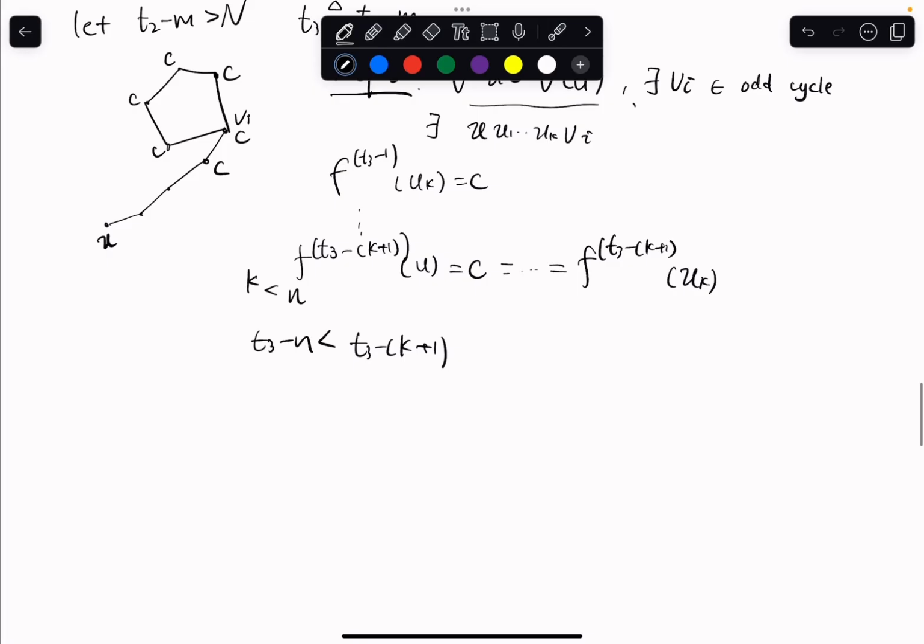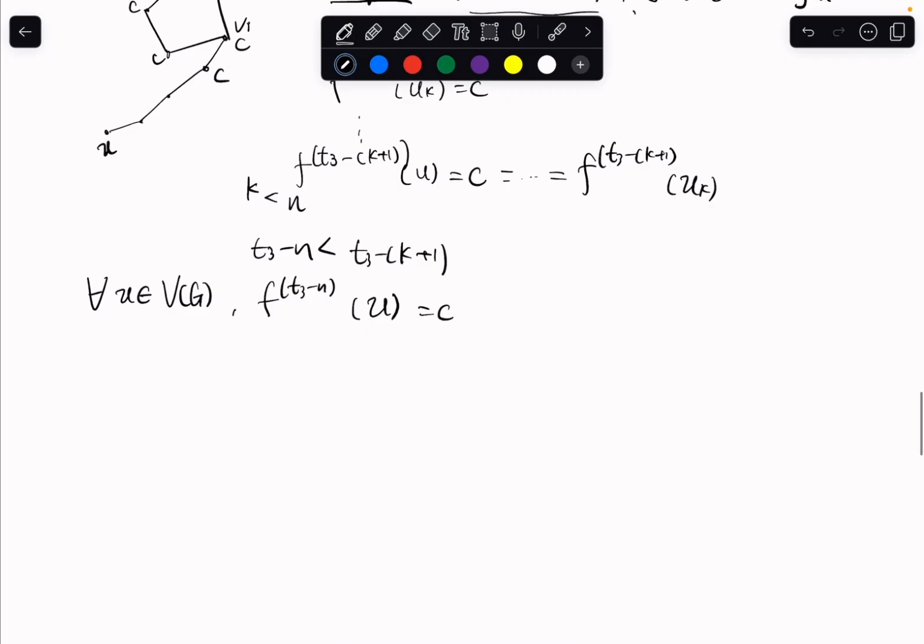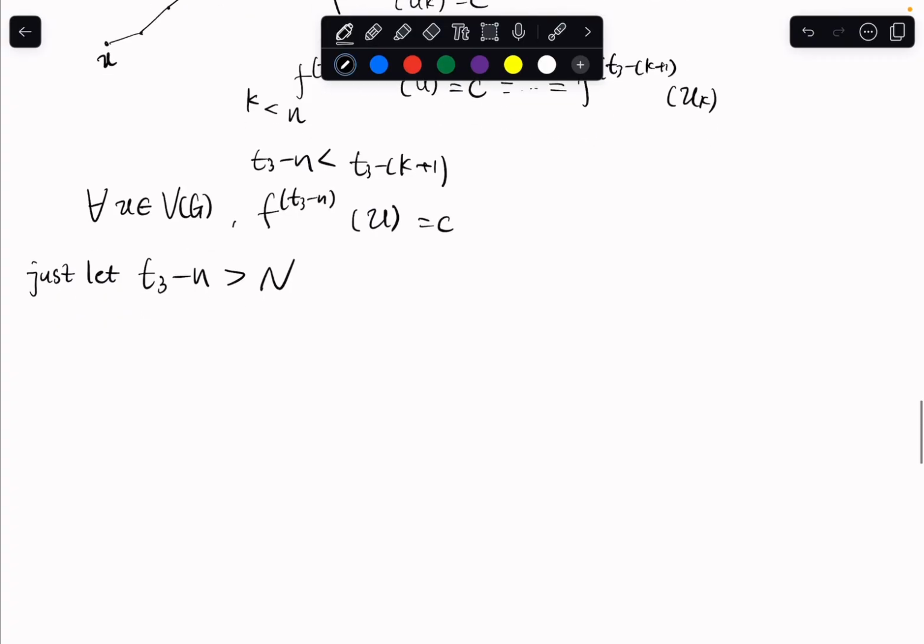Then we have that f_t3 minus n, that is for any u belonging to the vertex set of G, f_t3 minus n of u is c. Then we just let t3 minus n be greater than.